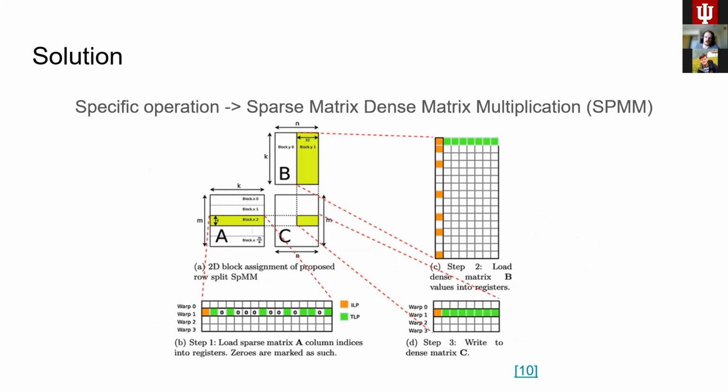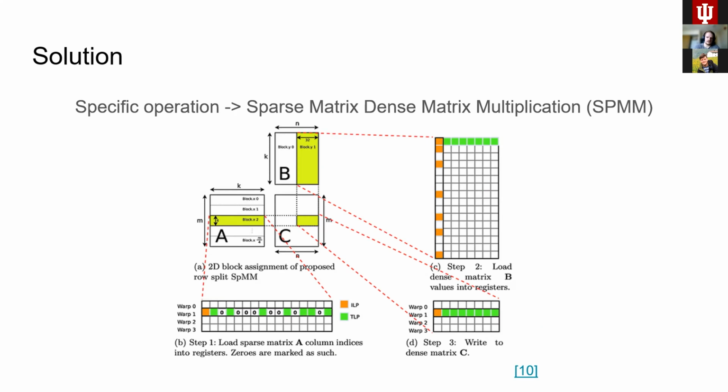In this operation, you're taking a sparse matrix and a dense matrix and computing a multiplication between the two matrices. This is different than normal dense matrix multiplication, and is optimized, uses less memory, and is a lot faster.